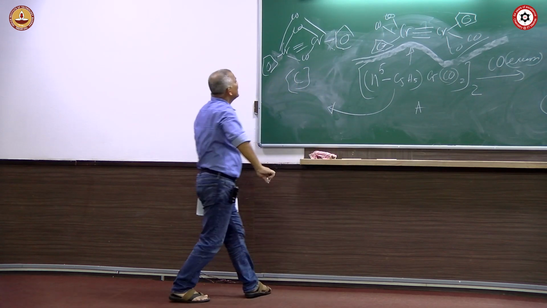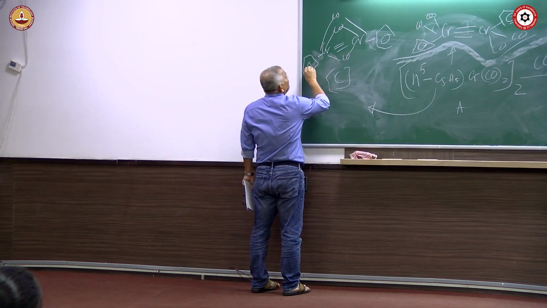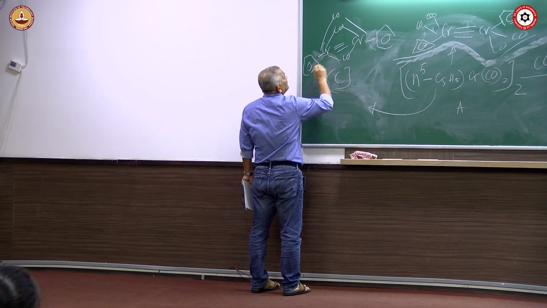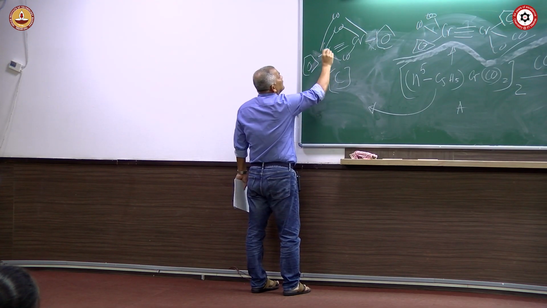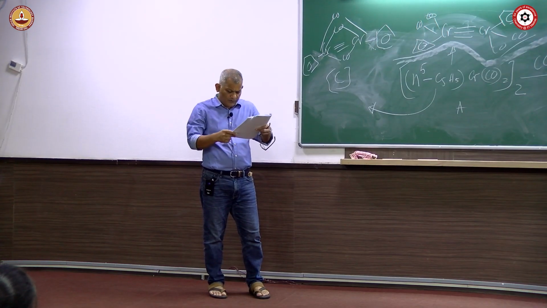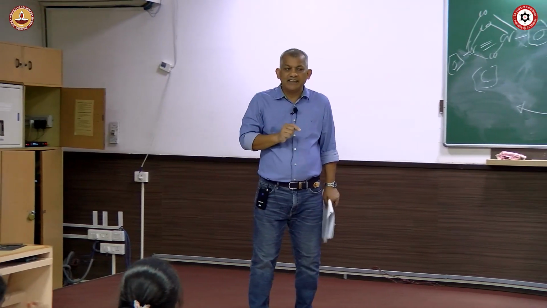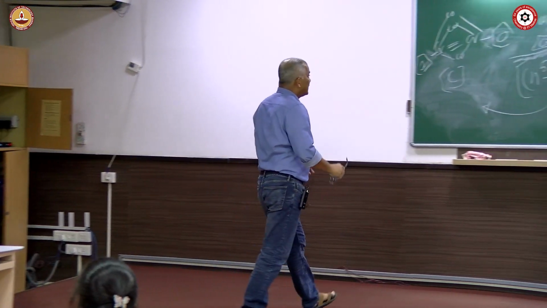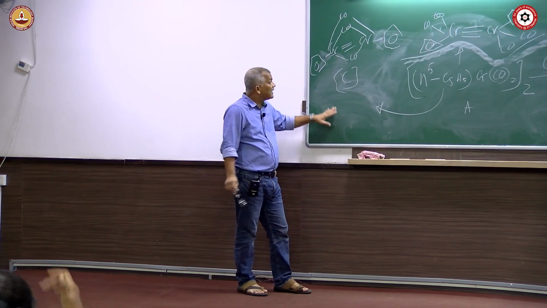How many electrons now? You have 5 plus 6, 11 plus 3, 14, 15, 16, 17. Oh, I forgot to tell you that molecule C is actually a 17 electron species. Okay, so this is a 17 electron species, others are 18 electron species.